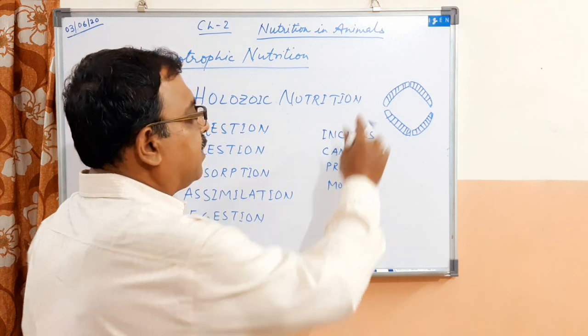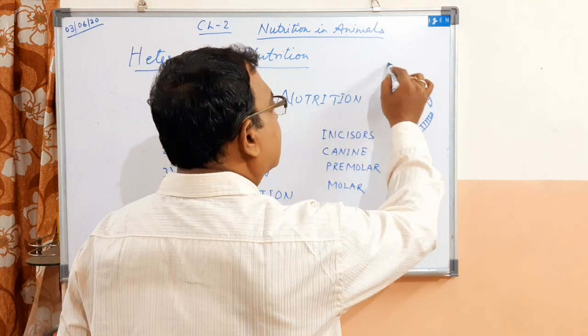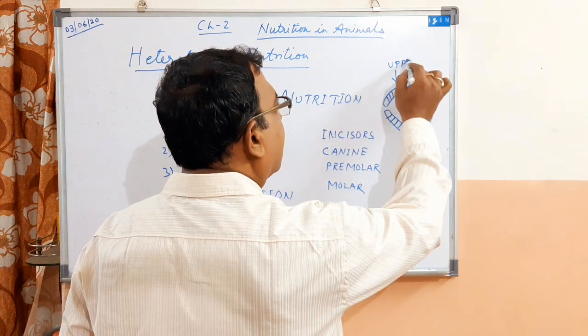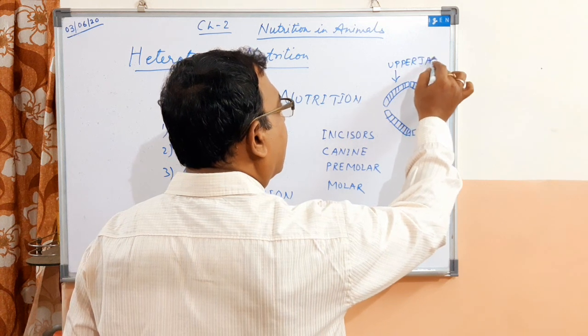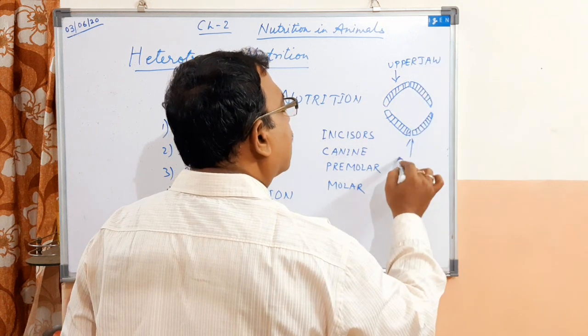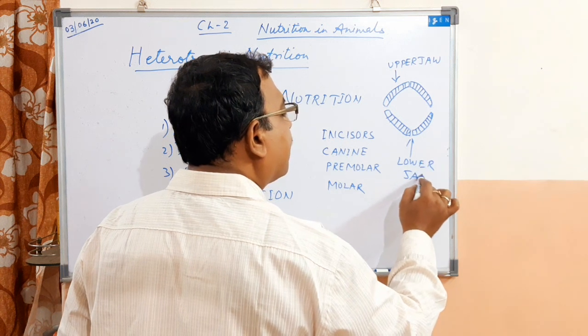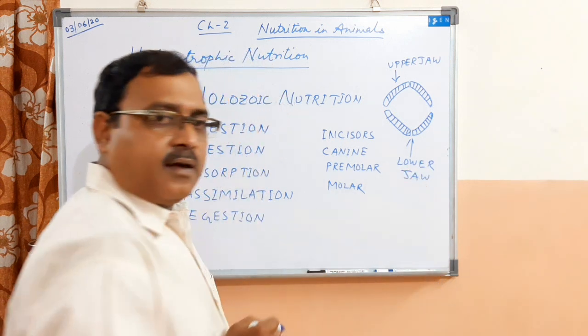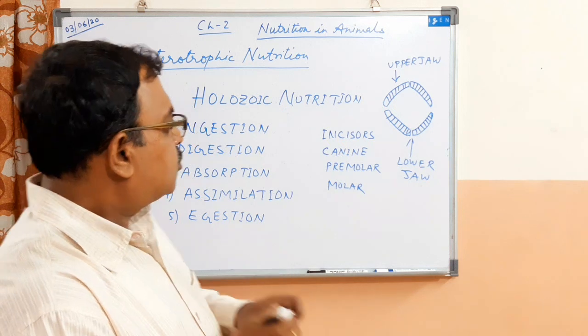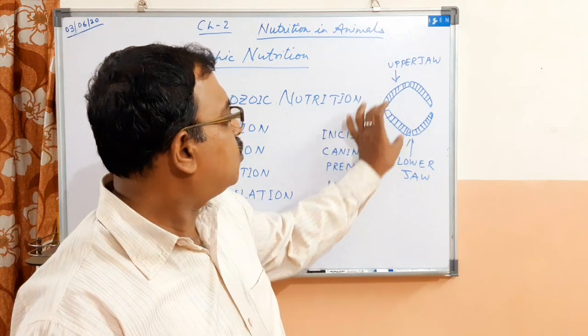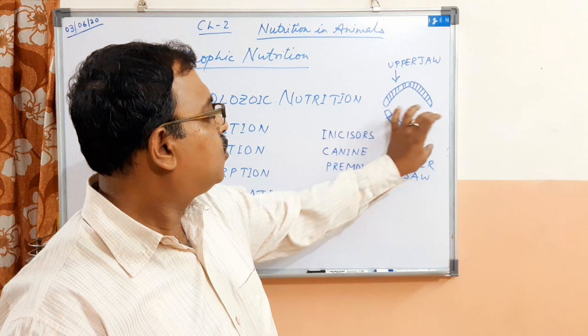So this is your upper jaw and this is your lower jaw. Right? So it is divisible into two halves.